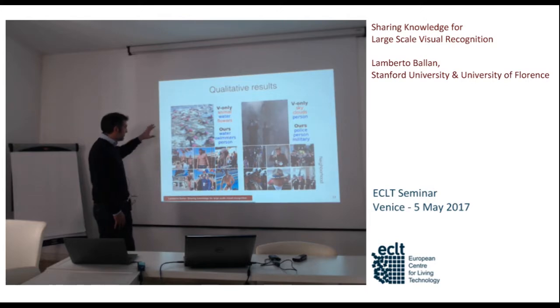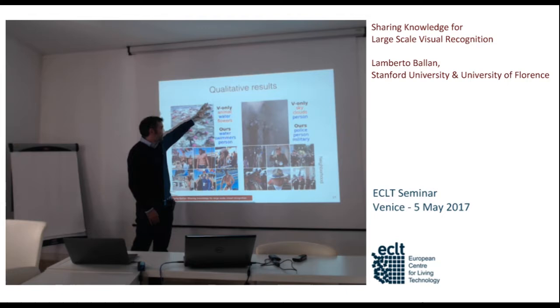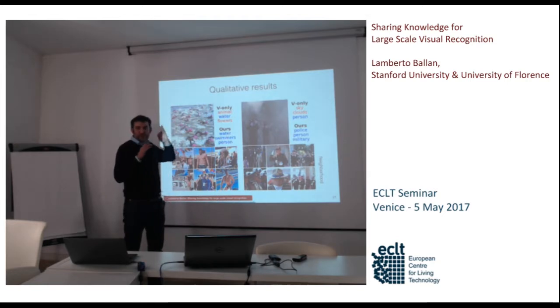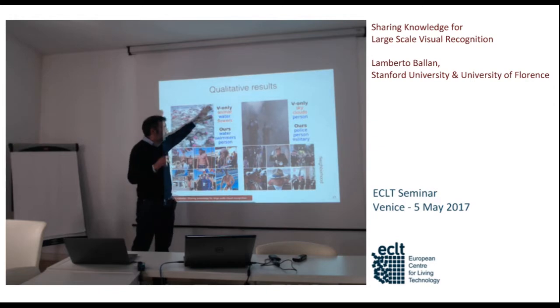And so this is one of my favorite examples, because here our baseline, this visual only, we started from pre-trained features. So the features that we use to blend the information are the output of a network that has been trained on ImageNet. This is the visual only model.